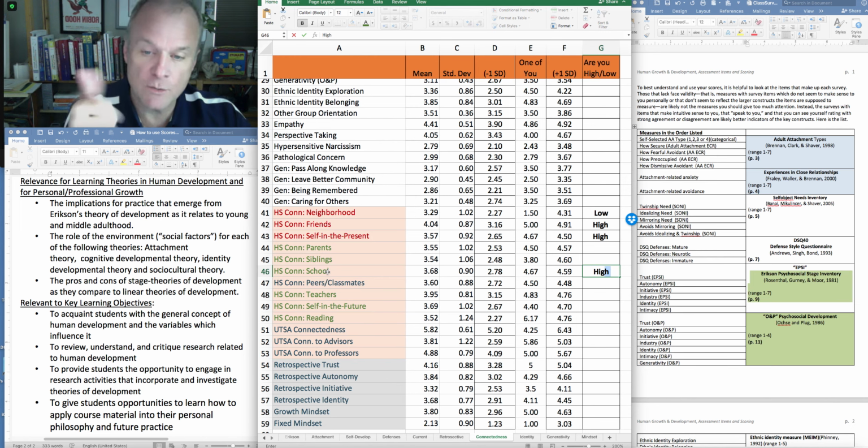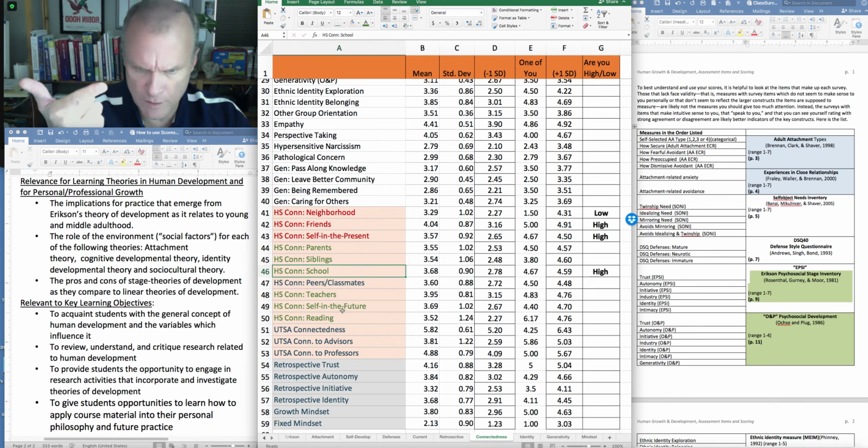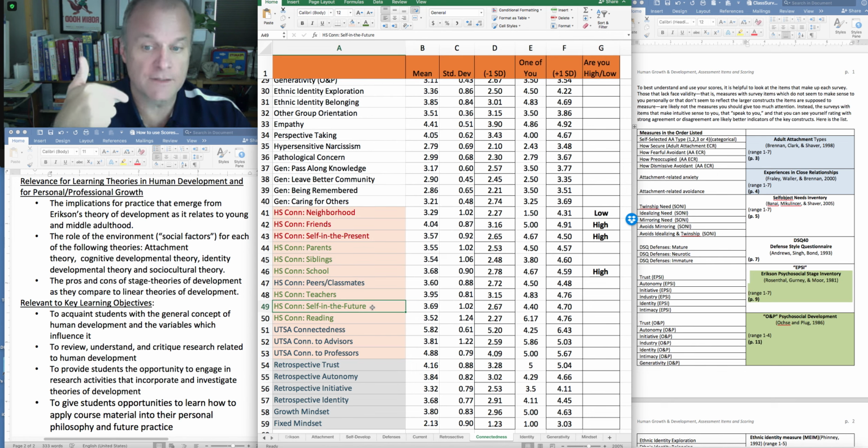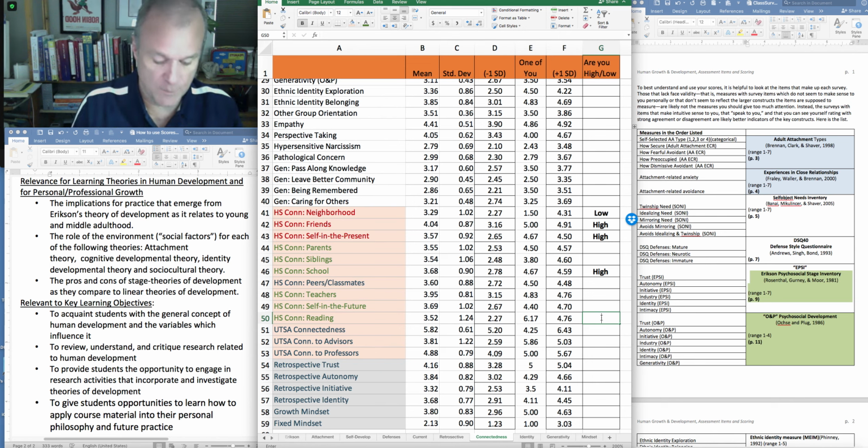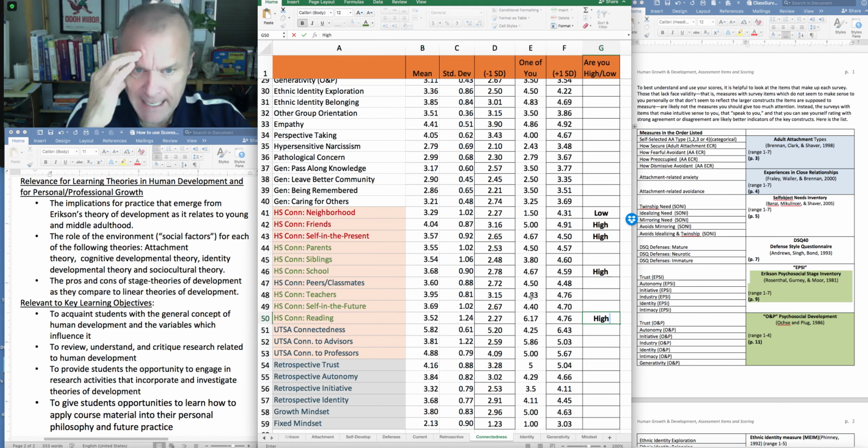They care about school and spend a lot of time working hard at school. They have average to high connectedness to self in the future, so they weren't doing more than the average kid their age to think about their future, but they engaged in the world of reading, which is such a predictor of future orientedness, and they're highly connected to teachers.